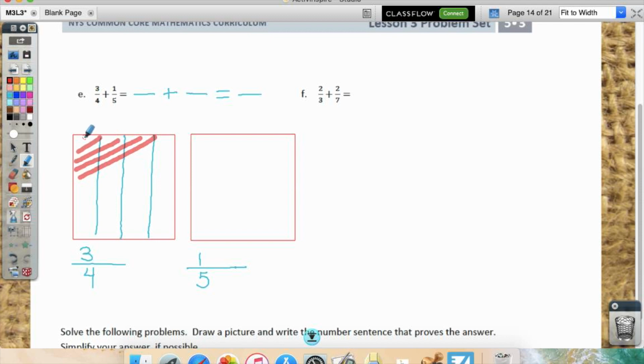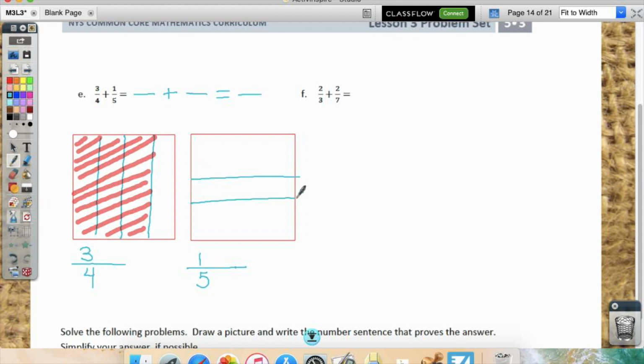Very good. And I'll divide this one into fifths. Now, do you think this is more than one whole? You think? Close. It's going to be close. All right.